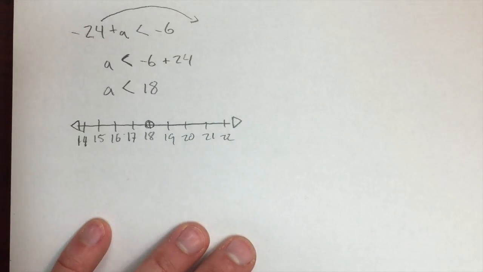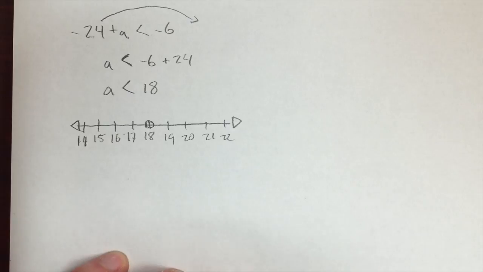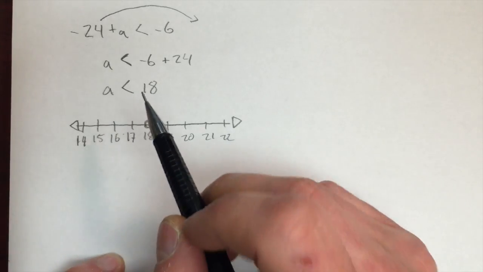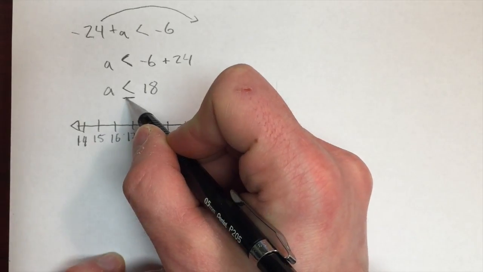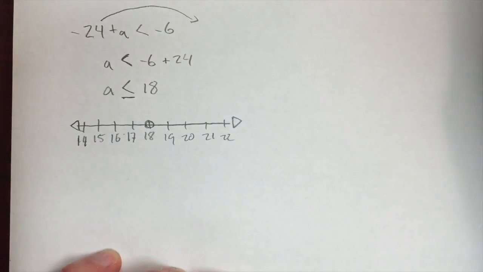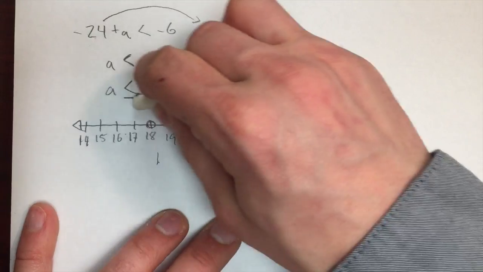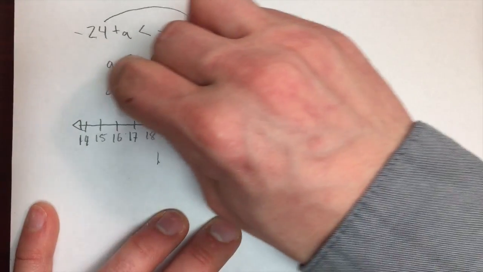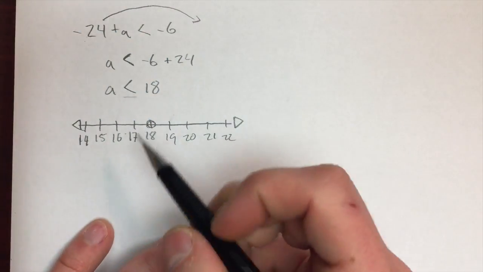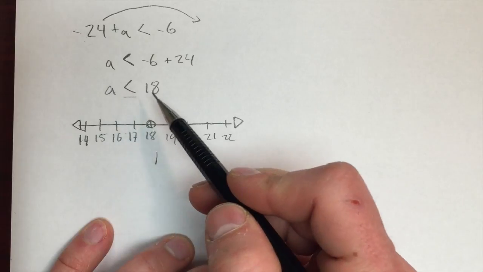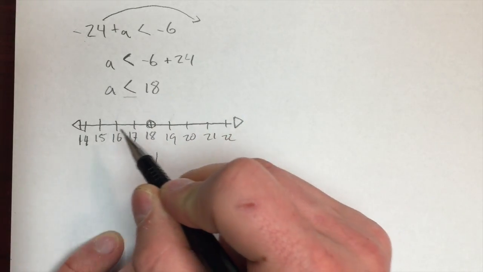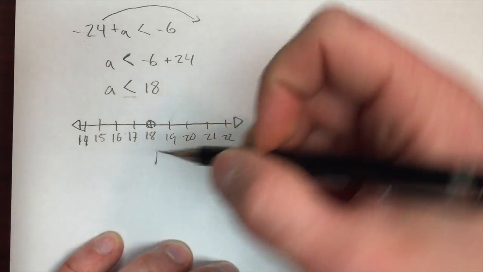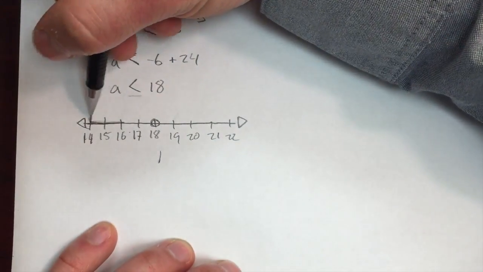Now, remember, the circle does not get filled in if there's not a less than or equal to sign. If the sign were like this, the circle would get filled in, but it is not. So the circle does not get filled in. A is less than 18, so I'm going to go in the less than direction, the negative direction, which is to the left.